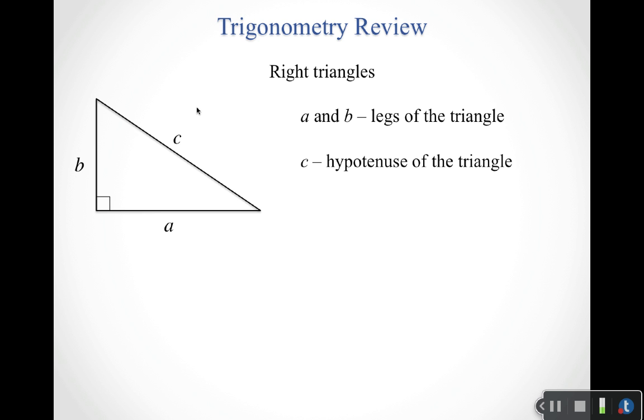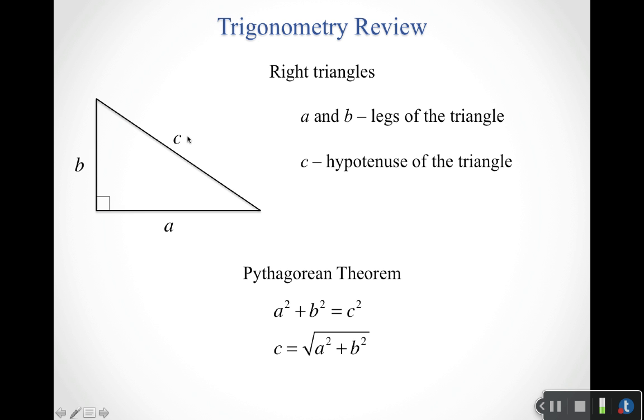And so there are four things that we want to make sure we're really comfortable with in terms of dealing with right triangles, the first of which is the Pythagorean theorem. The Pythagorean theorem is a way to relate the lengths of the three sides of your right triangle. So the Pythagorean theorem says that the length of side A squared plus the length of side B squared has got to be the length of side C squared.